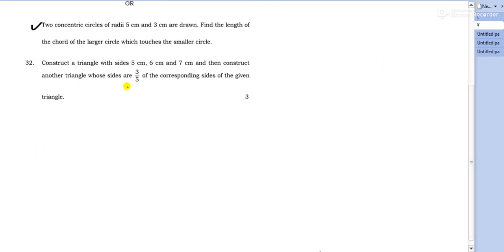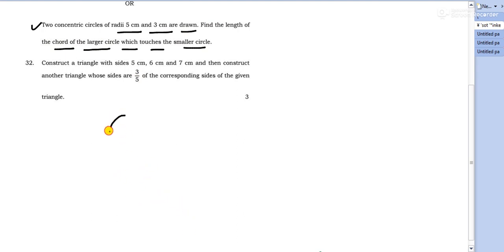What have they asked? Two concentric circles of radii 5 centimeter and 3 centimeter are drawn. Find the length of the chord of the larger circle which touches the smaller circle. So first you should know the meaning of concentric circles.